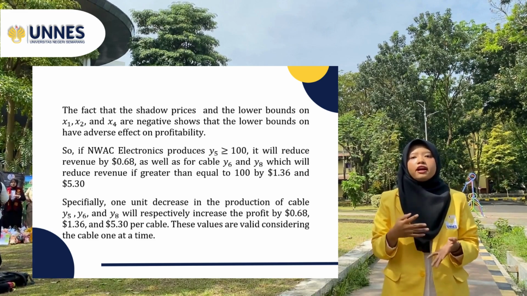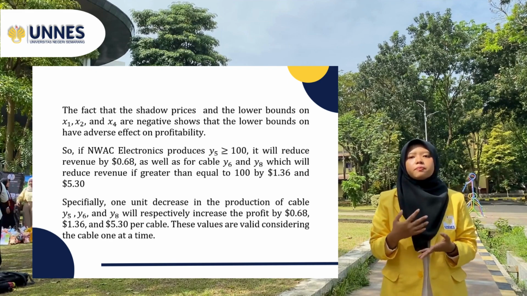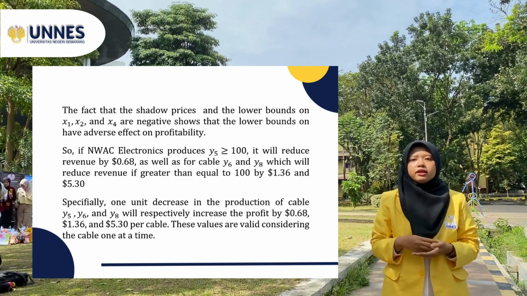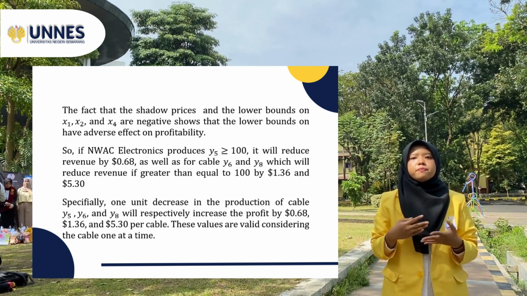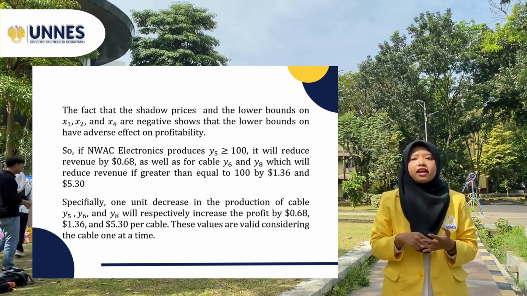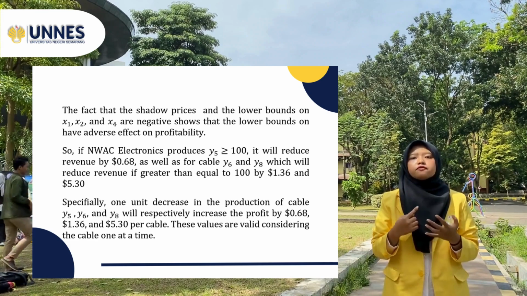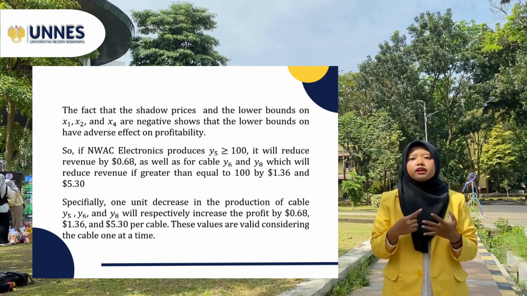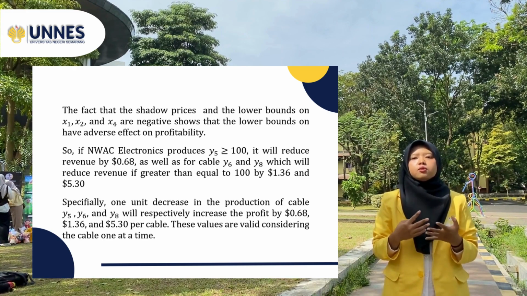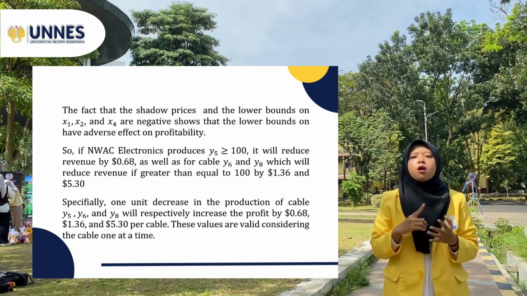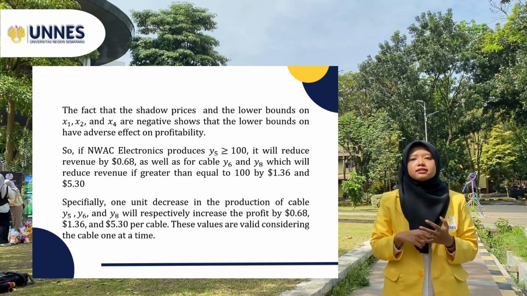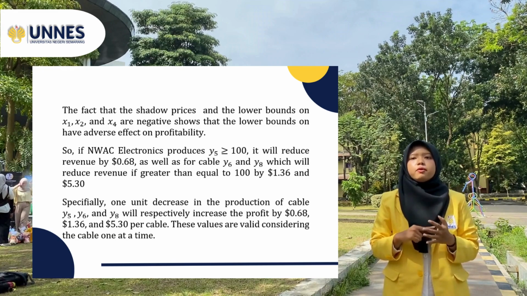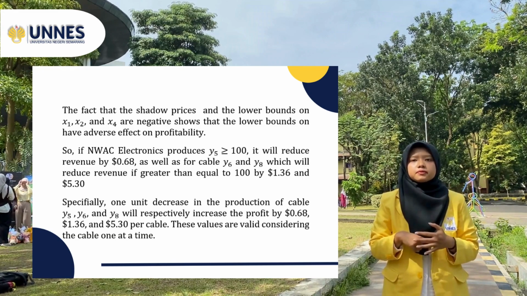So, if NWAC Electronics produces Y5 greater than or equal to 100, it will reduce revenue by $0.68, as well as for cables Y6 and Y8, which will reduce revenue if greater than or equal to 100 by $1.36 and $5.30.